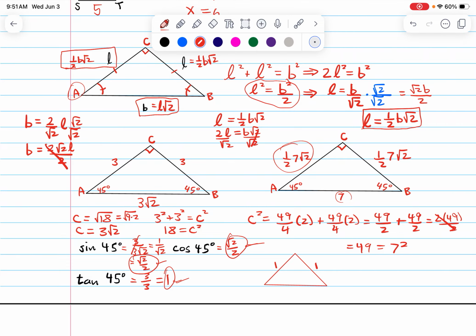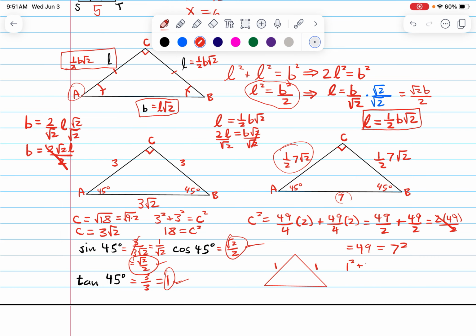Now we know the hypotenuse, we've got 1 squared plus 1 squared equals c squared, and that's 2 equals c squared. So c is equal to the square root of 2.